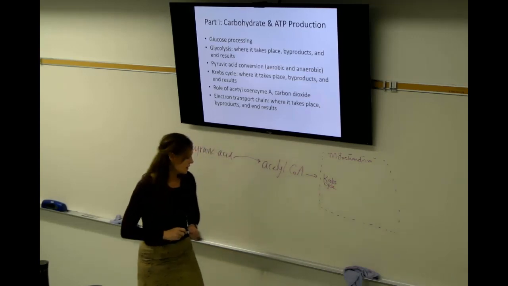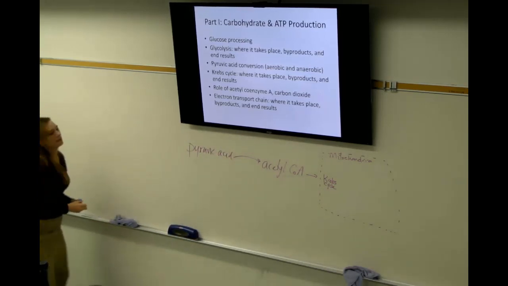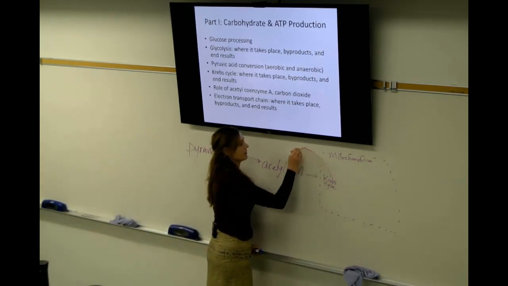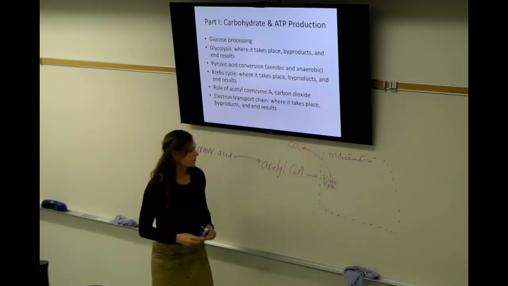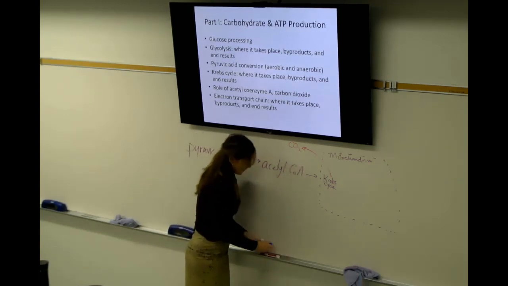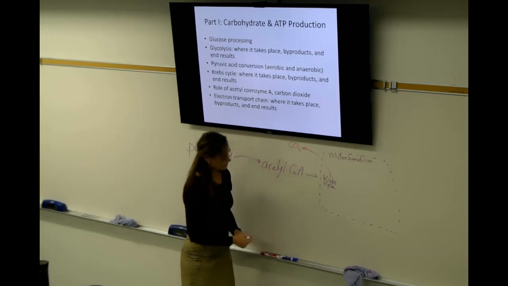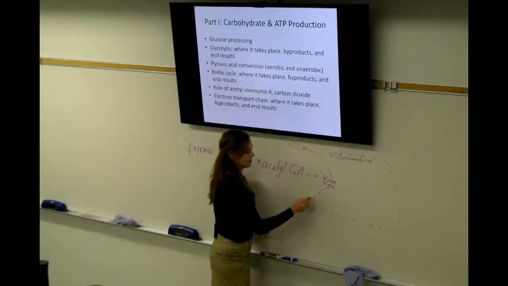The Krebs cycle creates what? It is going to create, yes, carbon dioxide. That's sort of its waste product that we get from the Krebs cycle. And what else does it make? We get a couple of ATP that come out.